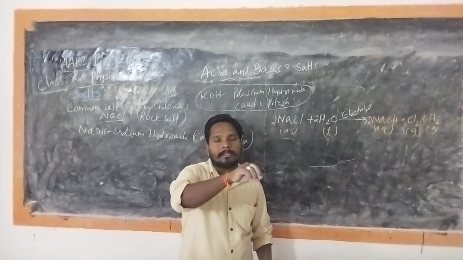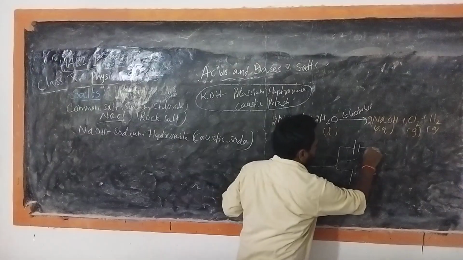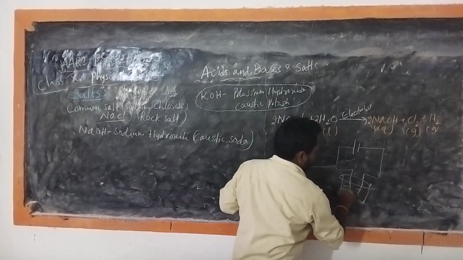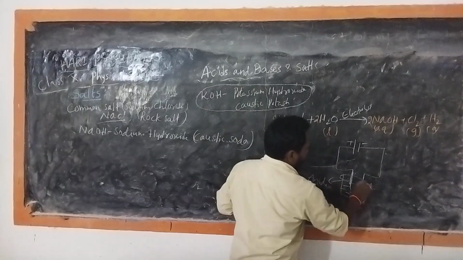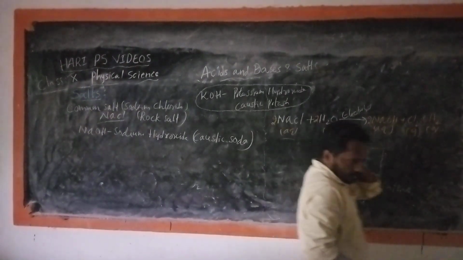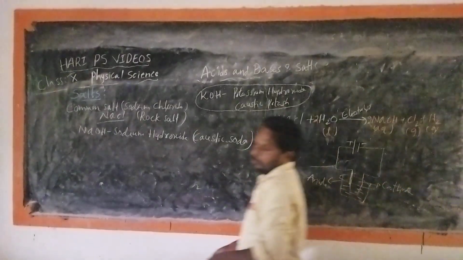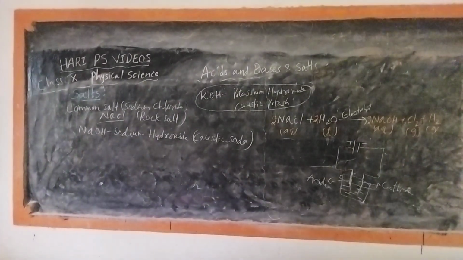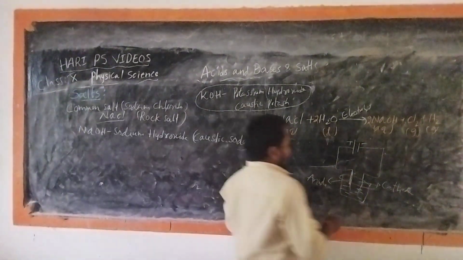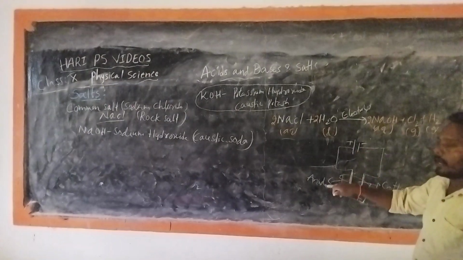The electrode which is connected to the positive terminal of the battery. Let us take an example like this: brine solution, positive and negative. This is called the anode and this is called the cathode.